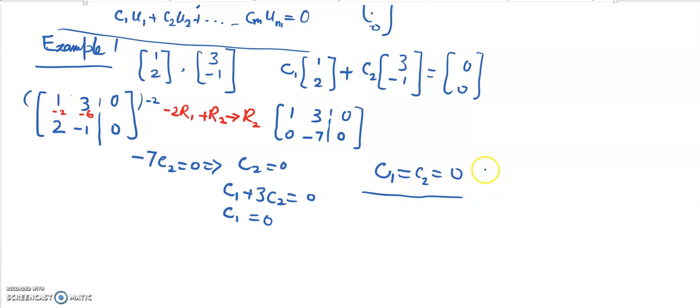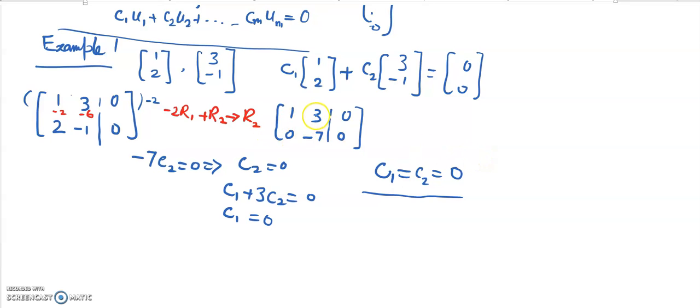This is the condition for independence of these two vectors: c1 u1 plus c2 u2 is 0 only when c1 and c2 are 0.